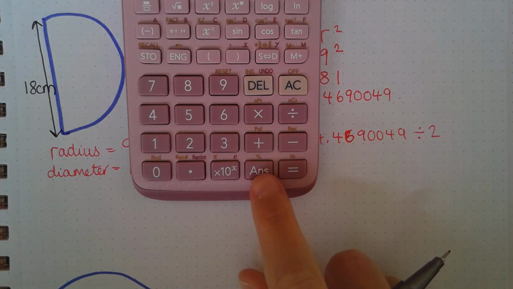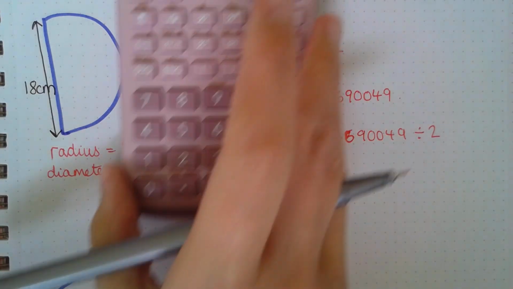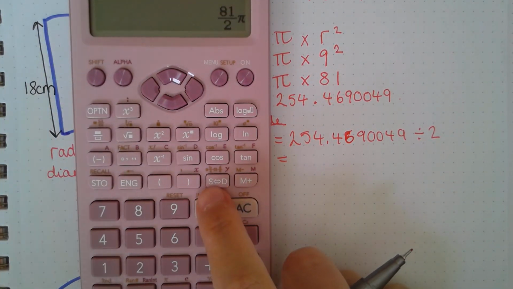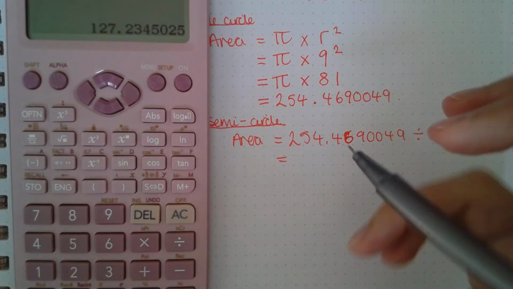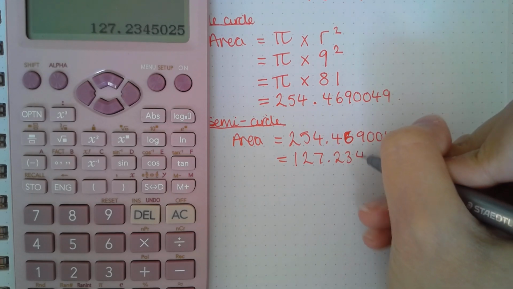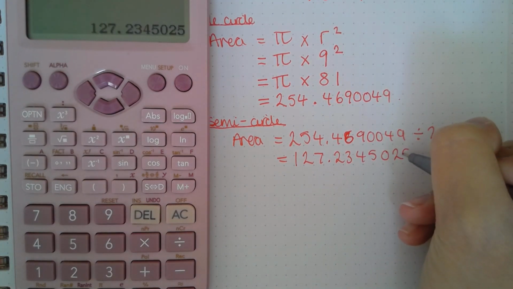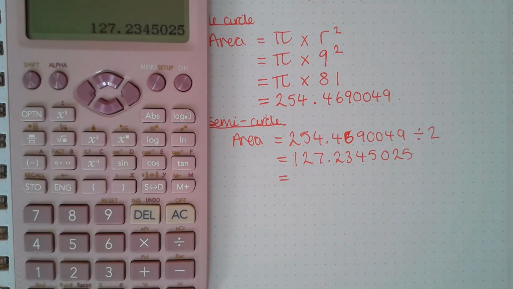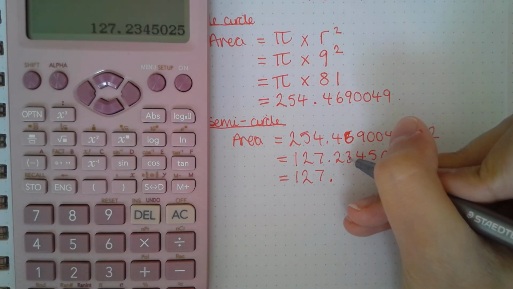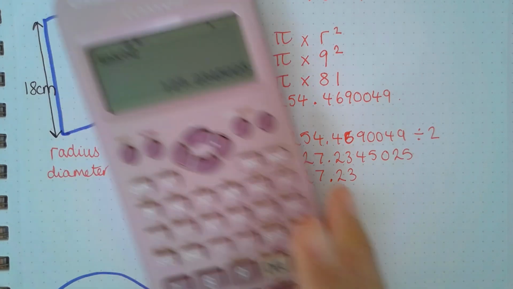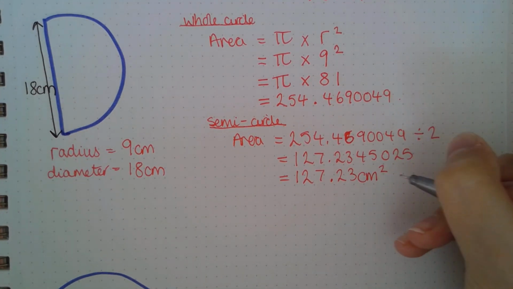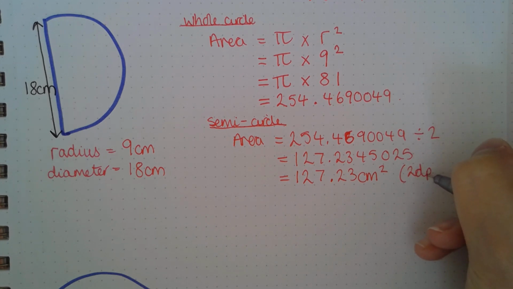You can just press answer divided by 2 equals, and then that tells us 81 over 2 pi, so we press S to D, which gives us 127.2345025. Then we need to remember we've got to round it, and we need some units, so 127.23, the 4 makes the 3 stay the same. Our units are going to be centimetres squared, and that's to 2 decimal places.